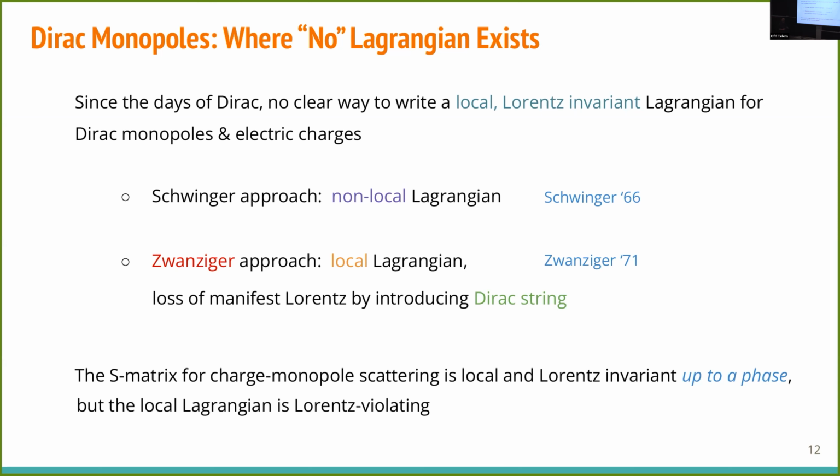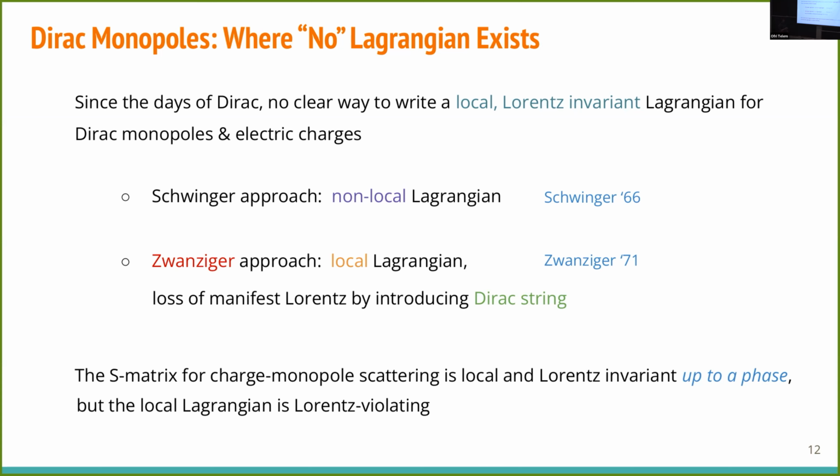There's a beautiful paper by my collaborator John Terning and company, in which they show that the phase you incur if the charge goes in a circle exponentiates to e to the 2 pi times the linking number of the string and the trajectory of the charge. So interference is okay.